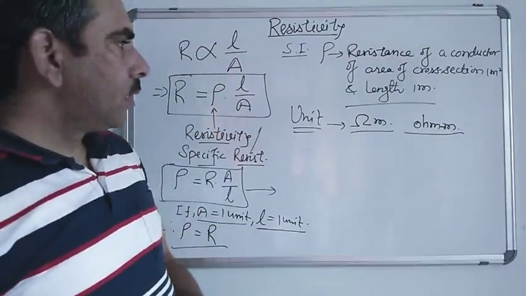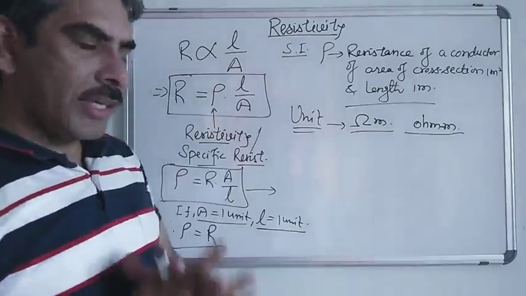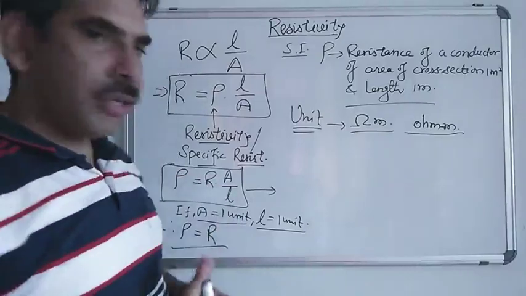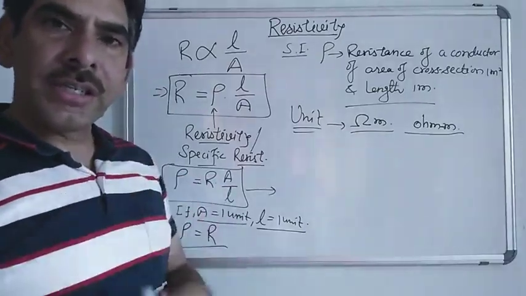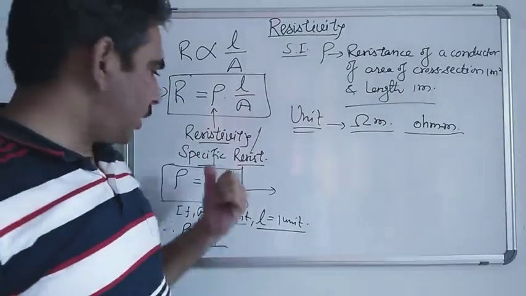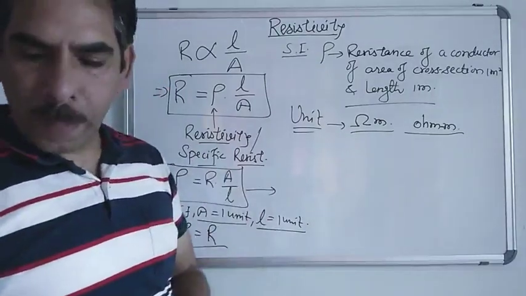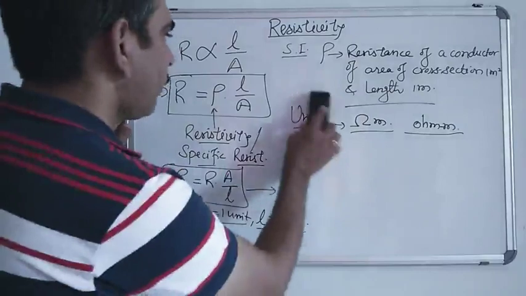Now we can derive different expressions for this resistivity in terms of current density, electron mobility, drift velocity and so on. So let us begin with the current.